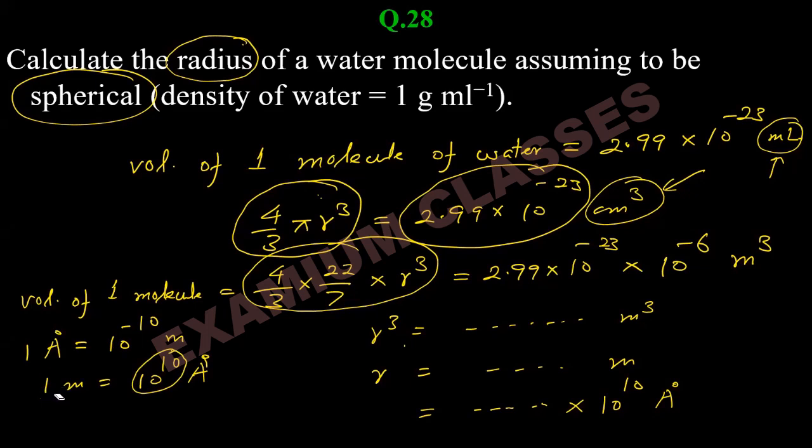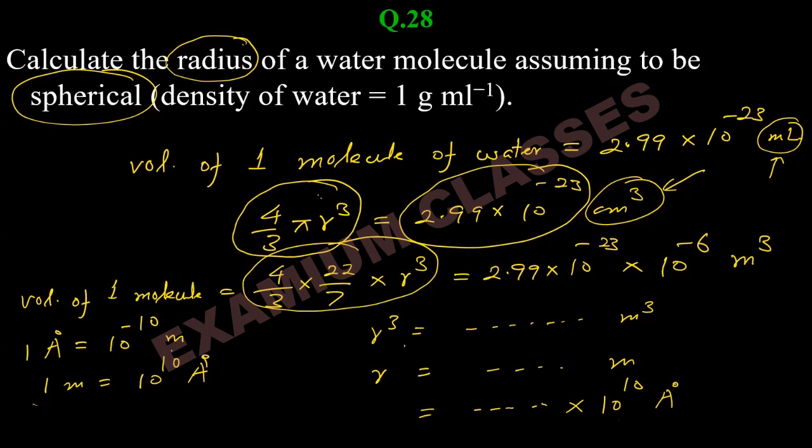So that's the way to remember so that you don't make mistakes. I have seen students making mistakes here, doing the opposite. However, common sense says that meter is a much bigger unit than angstrom, so there will be a lot of angstroms in 1 meter. So it has to be 10 to the power 10, not 10 to the power minus 10 here. So multiply the result by 10 to the power 10, and those many angstroms will be the answer.